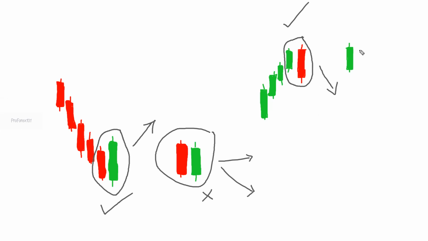As the name suggests, in the engulfing signal the red candle has to engulf the previous candle, so that's why they call it an engulfing signal, guys. It's very straightforward, right? Here we go, something like this.